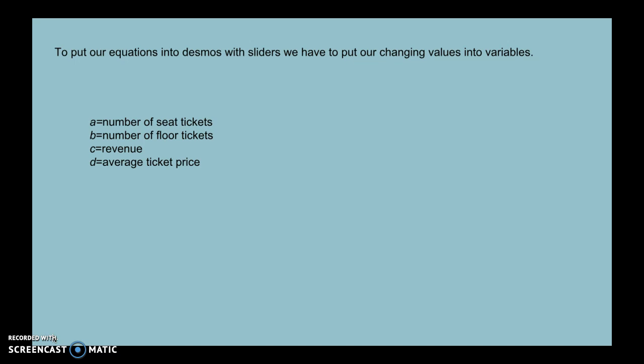To use the sliders in Desmos, the easiest way that I found is to substitute a variable for the numbers in the equations. So if you'll see here, I've got A equals the number of seat tickets, B equals the number of floor tickets, C equals revenue, and D equals average ticket price.